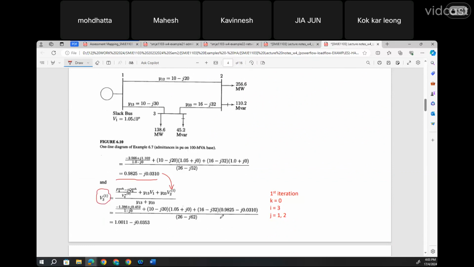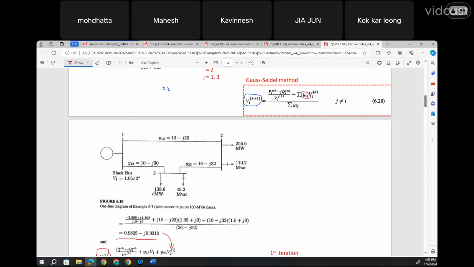I would say that you must do it one by one. First, we know V1 as 1.05 with angle of 0. And we go through the system. We calculate this one, V2. And V2 1 has been calculated over here, and this V2 1 should be used to calculate this V3 1.